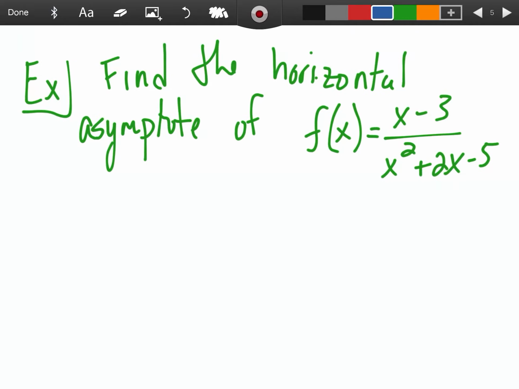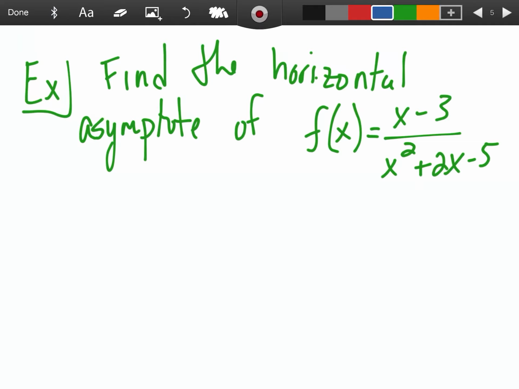So let's do an example. This says find the horizontal asymptote of f of x equals x minus 3 over x squared plus 2x minus 5. So let's imagine that we're plugging in a massive number. So we're plugging in 1 billion. If I plug that into my numerator, 1 billion minus 3, does the minus 3 really even matter?